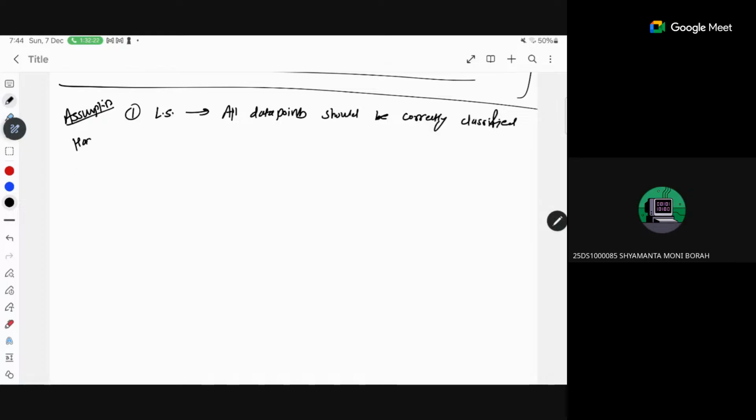But in the real world, is this possible? No, right? There will be certain points in a training set which are not correctly classified. Let's say your data set is like this.